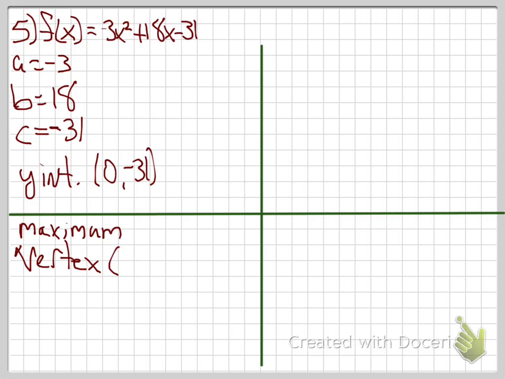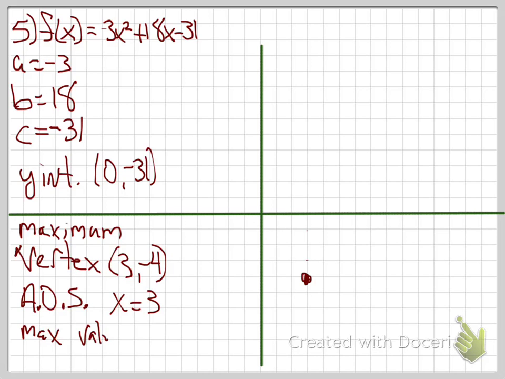It's at 3, negative 4, so 1, 2, 3, down 1, 2, 3, 4. There's my vertex. Then I can say here's my axis of symmetry, x equals 3. My max value is negative 4.